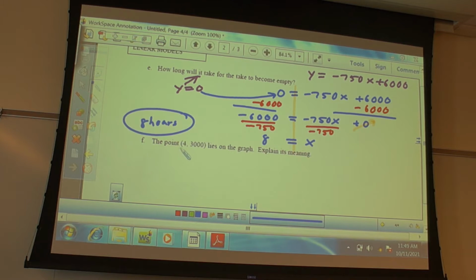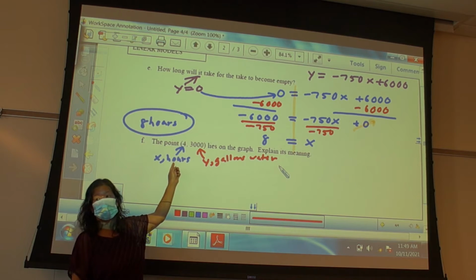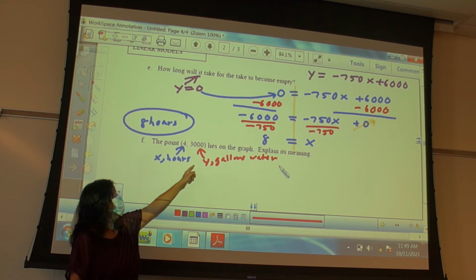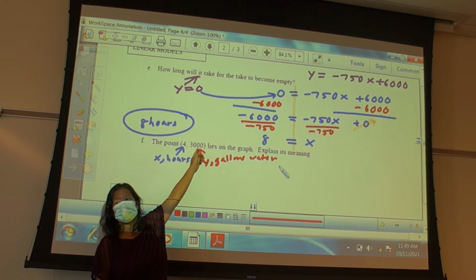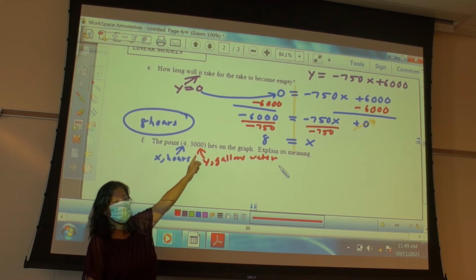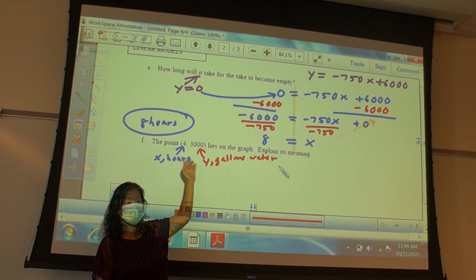Right, because this is x. Right, so we should be clear. Remember, your x stands for hours. That's this one. My y stands for gallons of water. That's that one. Right? Is everybody good with this part? You need to keep that straight.